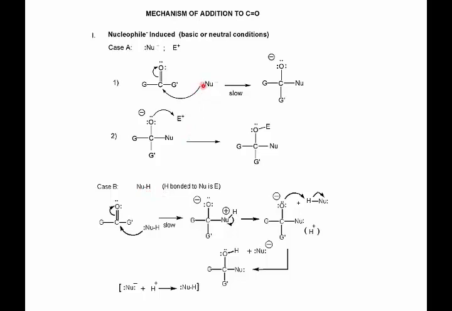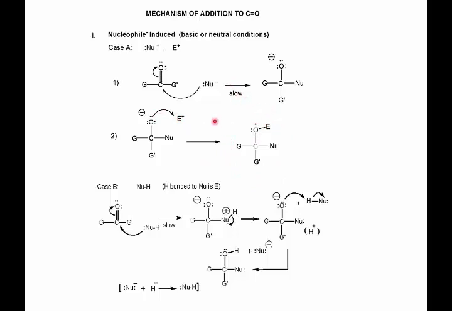Right, step one, the negative nucleophile is attracted to the positive carbon. It will attach to that carbon, pushing the electron pair onto the oxygen. This alkoxide now, having a negatively charged oxygen, is going to be strongly attracted to the electrophile. The electrophile forms a bond to that oxygen, and that gives you your final addition product.